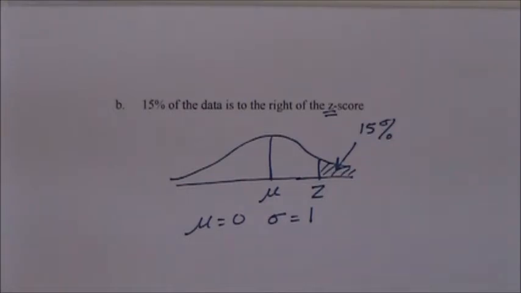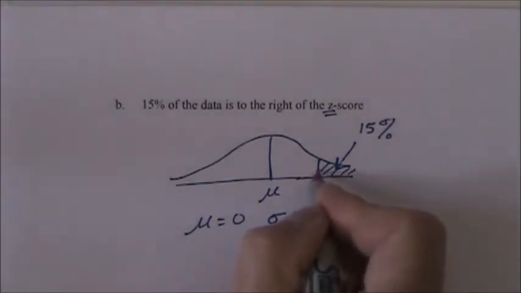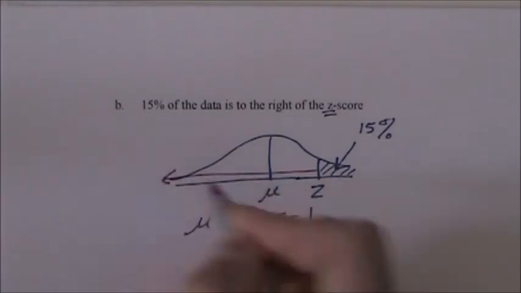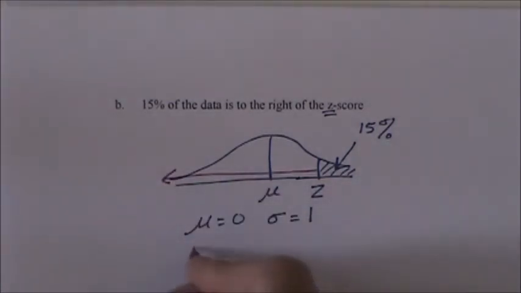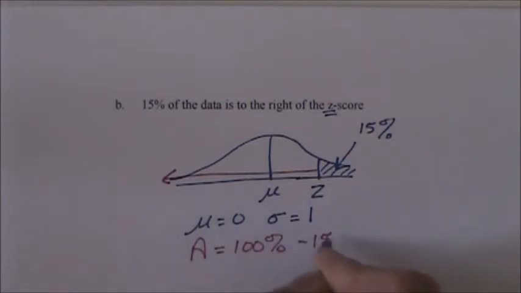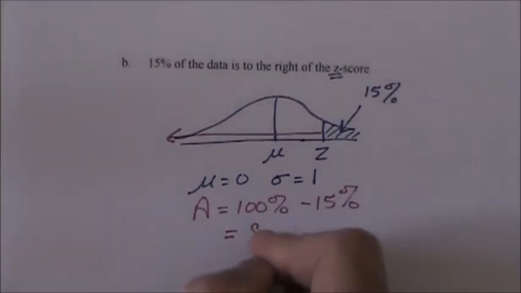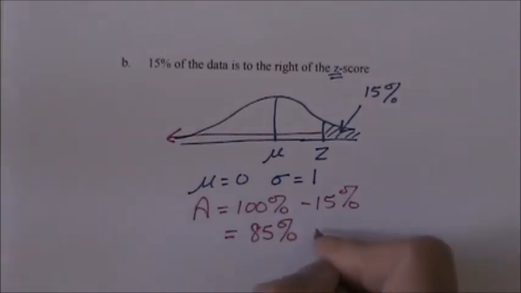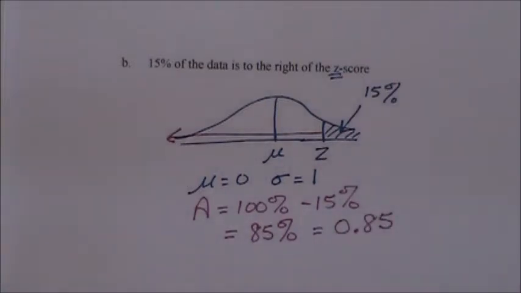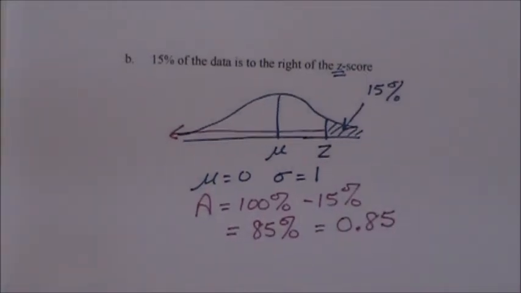So our area is going to be 100% minus the 15% that we know, which will give us 85% as a percentage, and we can divide it by 100 and we would get 0.85 as a decimal. So that is what we're going to need to use in our inverse norm, not the 15.